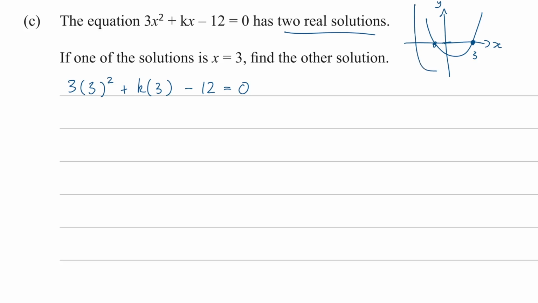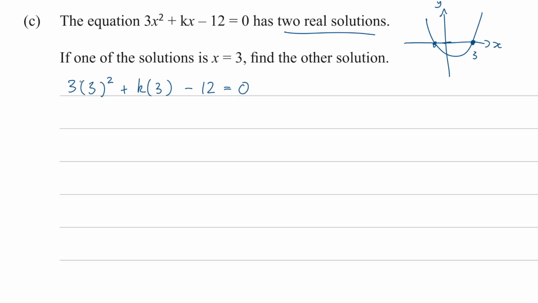This little picture over here is just showing us graphically what that might look like, but actually we don't even need to worry about that, because we know since x equals 3 is a solution, plugging it into the equation will hold, like it'll be true. So we can now try to work out k.